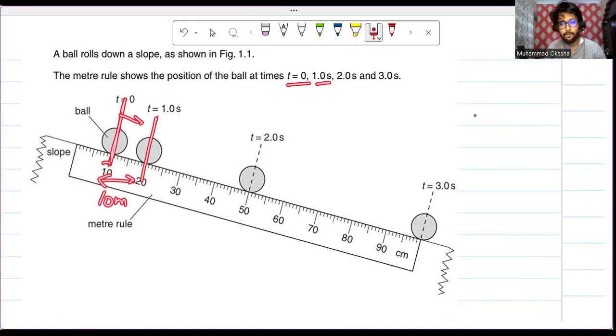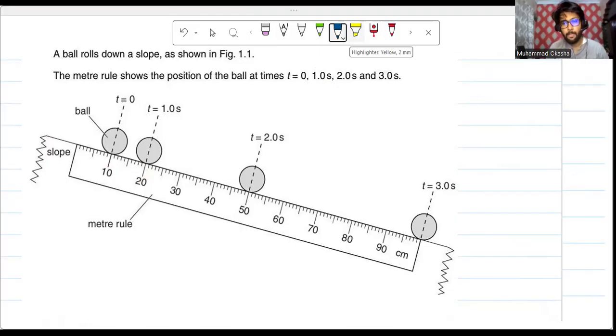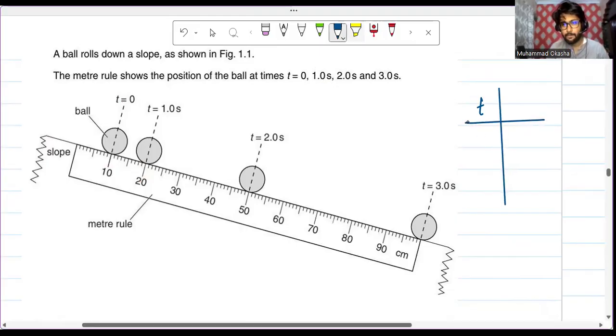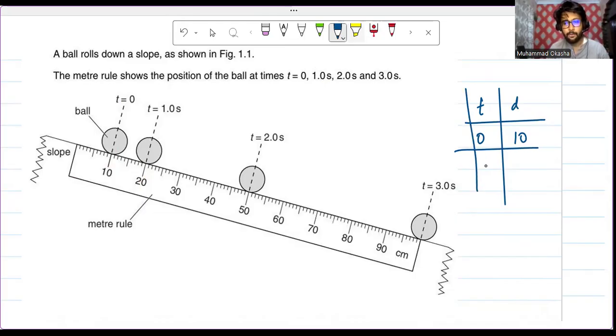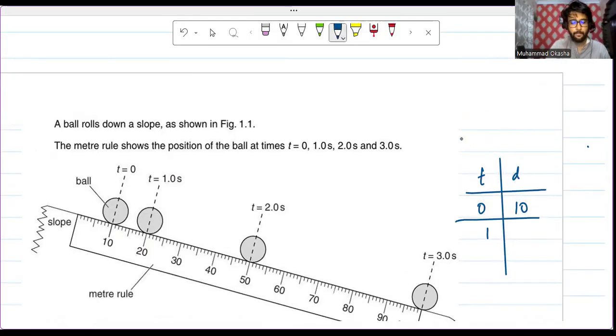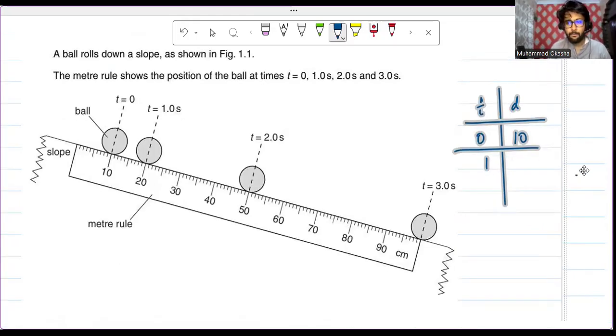So if I were to make a table, I'll help you make a table to better understand this. At time equal to 0, the distance was 10. This is where it started from. When time was 1, the distance was 20.